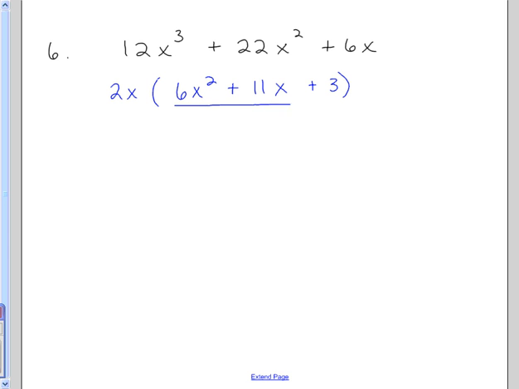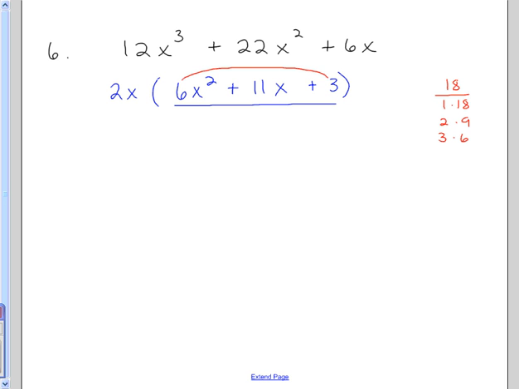Now we're working with the trinomial that's in parentheses. So as far as our process of factoring that, it's just like the previous problems. I'm going to multiply 6 times 3, that's 18. Make a list. What are we looking for?